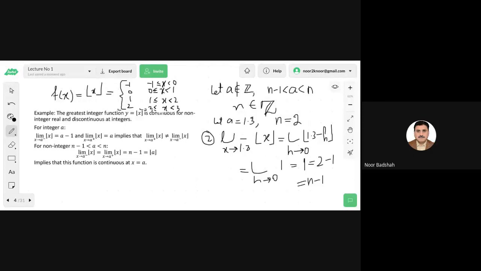If you find the right hand limit, we simply replace it with plus here.